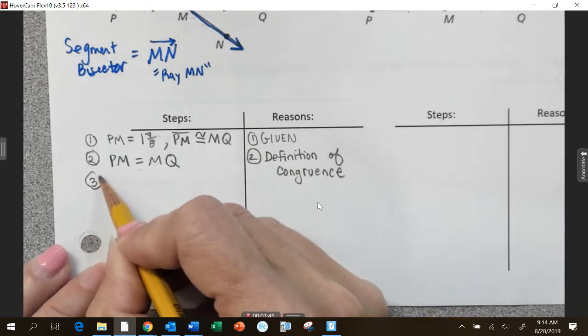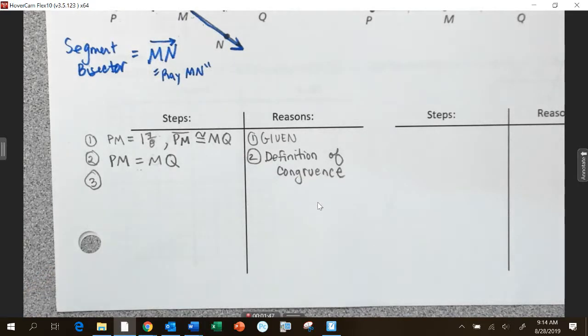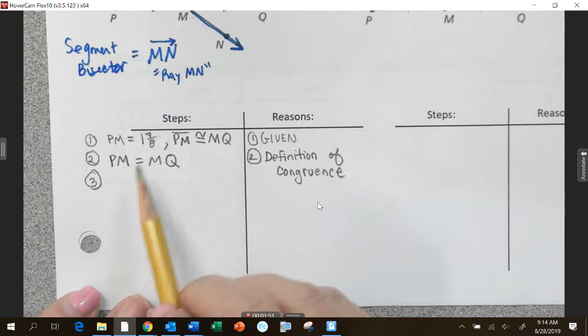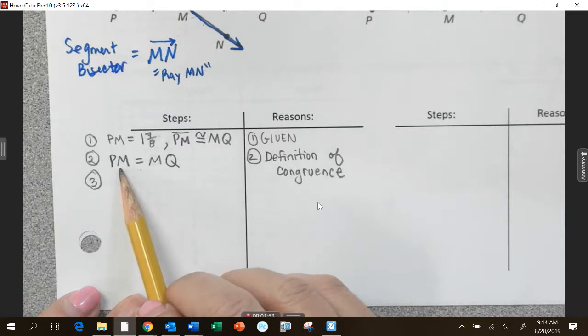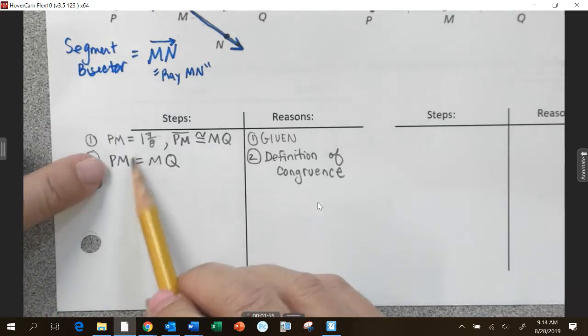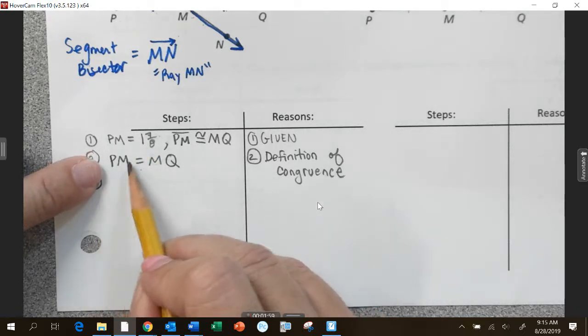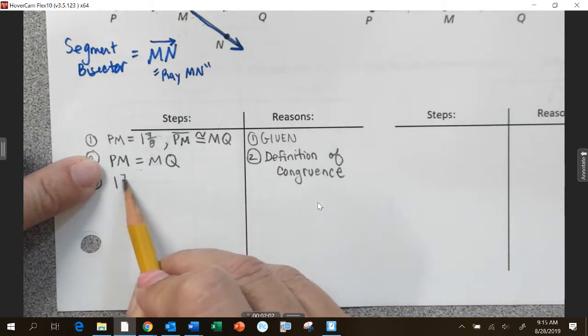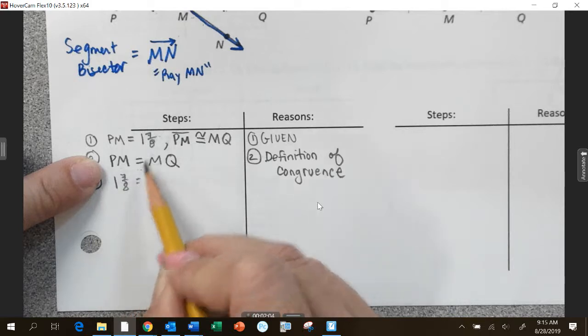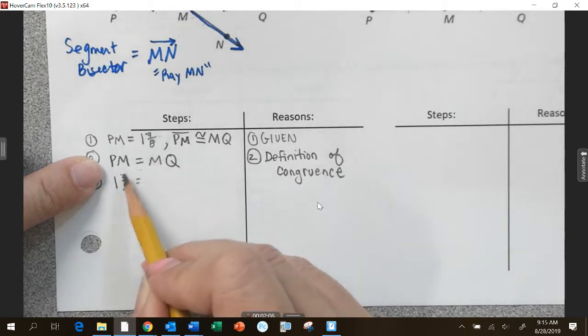Number 3. What is the measurement of PM? What is PM? It's right above it. So I can take out PM and put in 1 7/8. I just took out PM and put in 1 7/8.